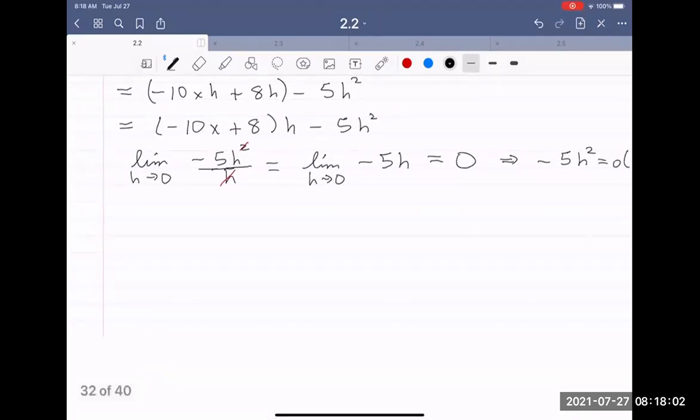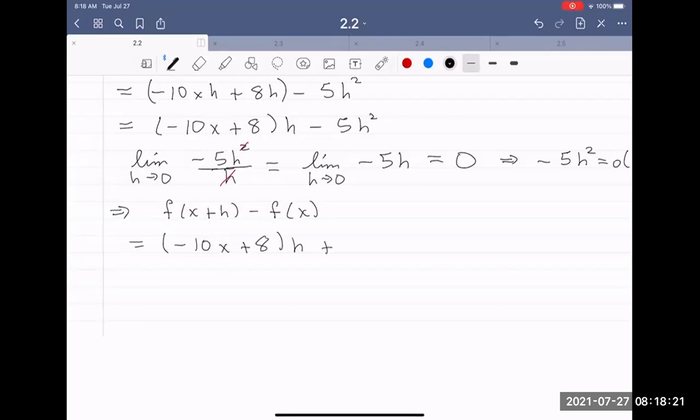And so I have that f of x plus h minus f of x is equal to negative 10x plus 8 times h plus little o of h.